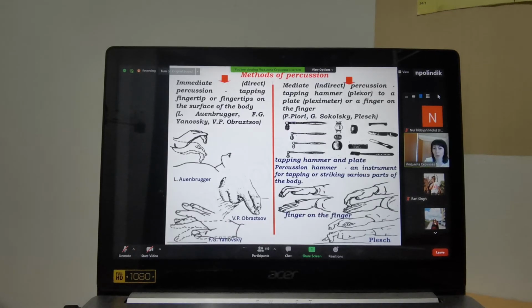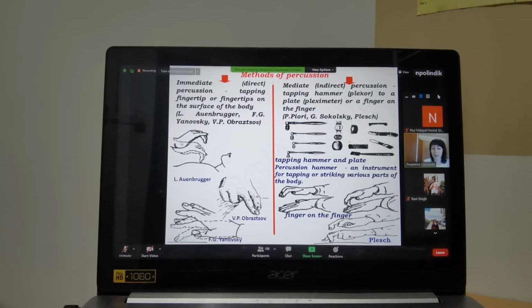I will not tell what is written where, but please look here. We have two different types: immediate, direct percussion and indirect percussion. The first method was discovered by this author.